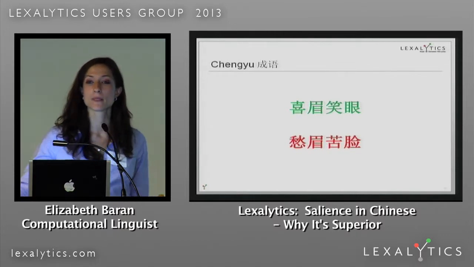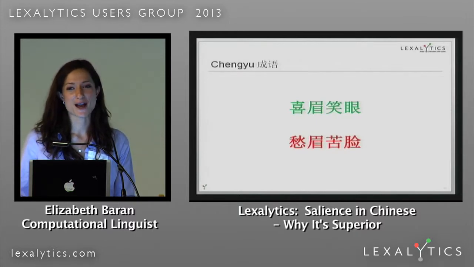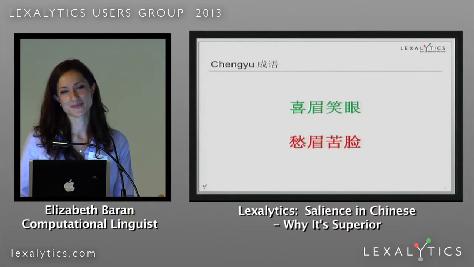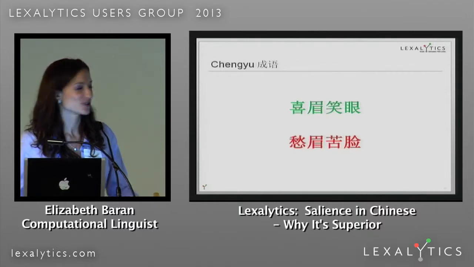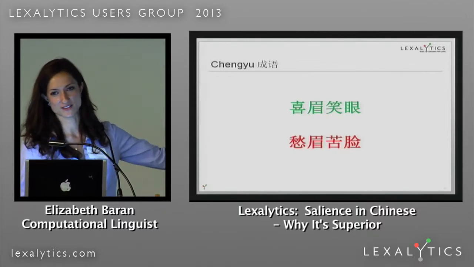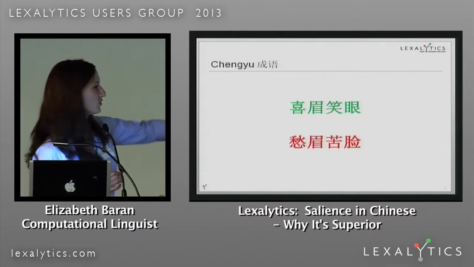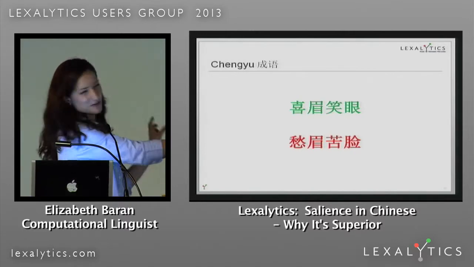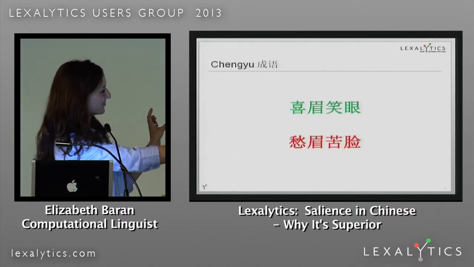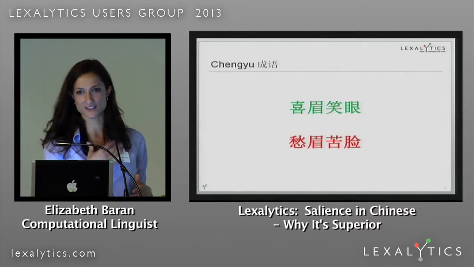Yeah, go ahead. How rapidly does Chengyu enter the language? Are they very traditional? You can, if you're clever with the language, make them up yourself. People recognize it as Chengyu as opposed to what is this? Yeah, there's something distinct about a Chengyu, and one of them is the fact that it's 4 characters long and it's kind of its own semantic unit. You could separate 喜眉, for example, into 2 separate words, but it doesn't really make sense because you're trying to convey this whole thought of, okay, my face is happy versus my face is sad.